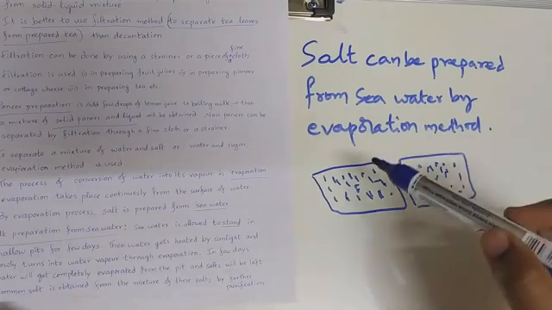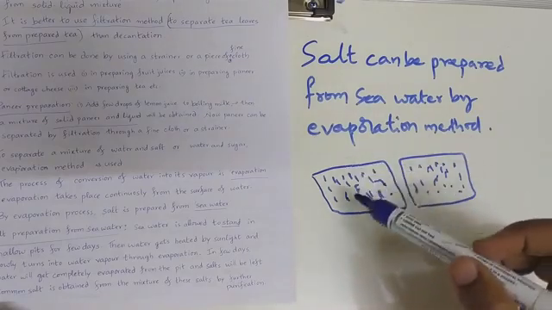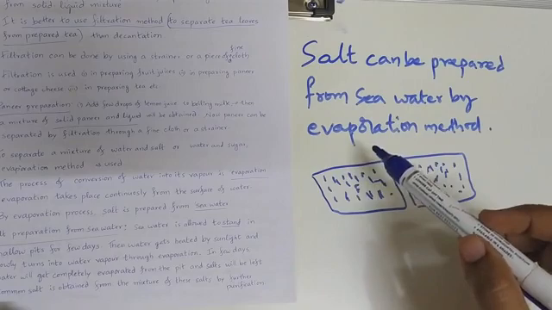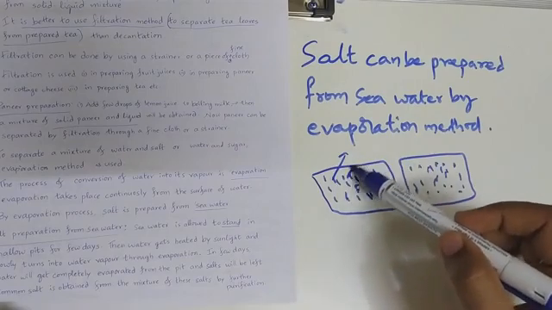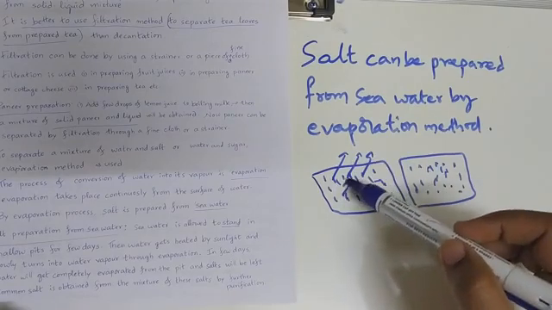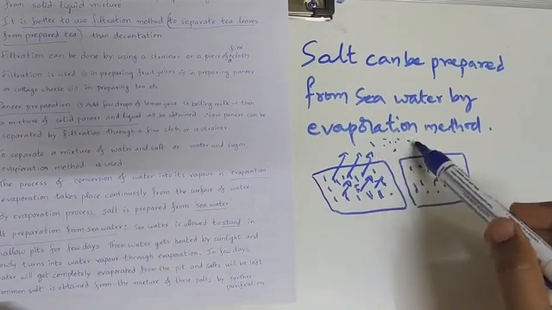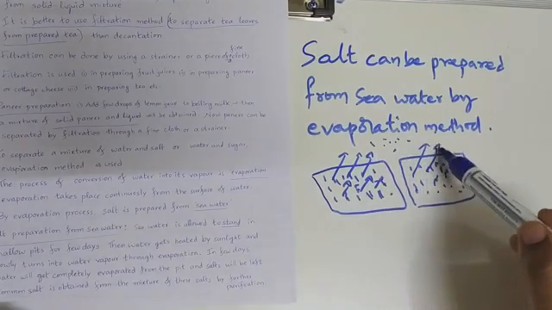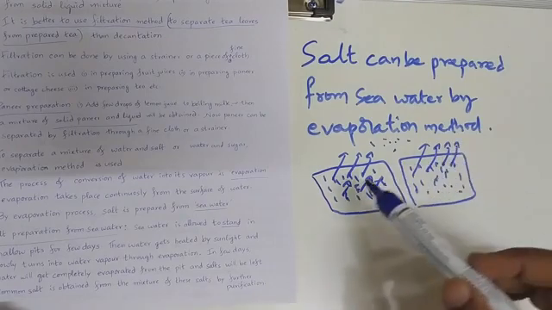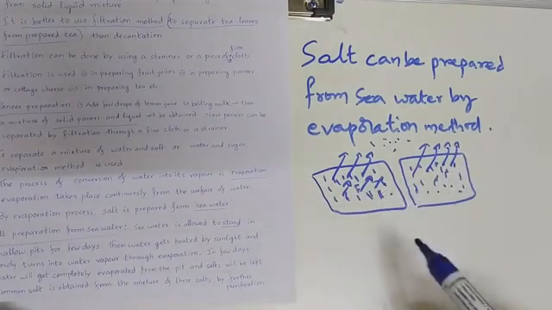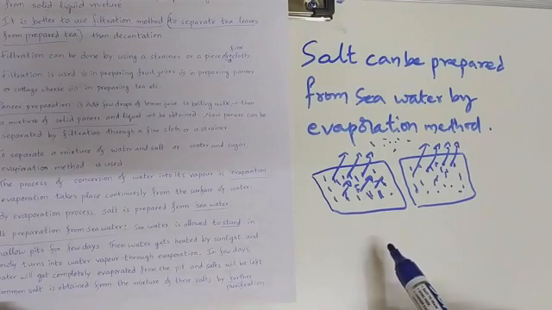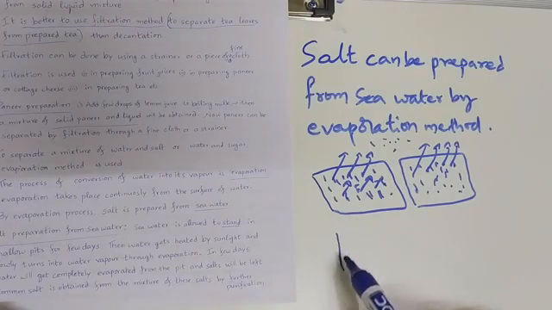Then the water gets heated by sunlight and slowly turns into water vapor through evaporation. So water gets evaporated. In a few days, water will get completely evaporated from the pit and salts will be left behind.